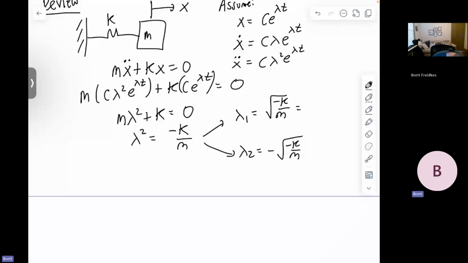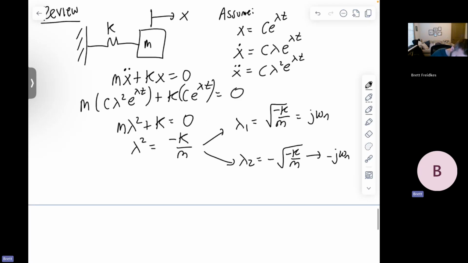This is the same as j omega n, and this is negative j omega n. That negative underneath the square root is the square root of negative 1, the imaginary number j, or i. And then the square root of k over m is omega n, the natural frequency of the system.